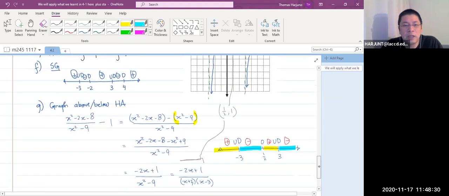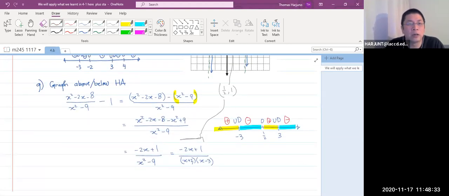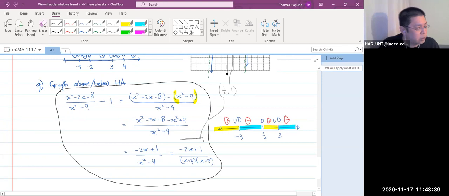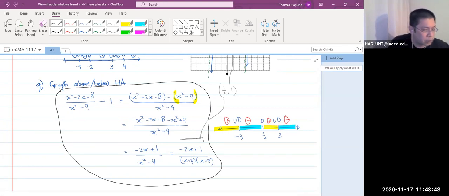Now, this thing that I did here, simplifying rational expression, is something we learned in chapter review. So long time ago.